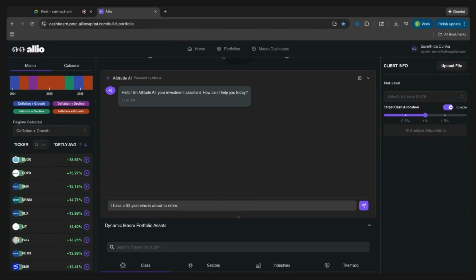So he's about to retire. He's targeting earnings of 125,000 a year and wants to be as conservative as possible, but still hit his income target.